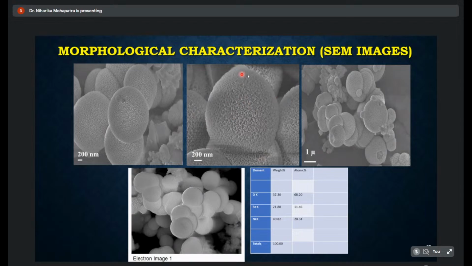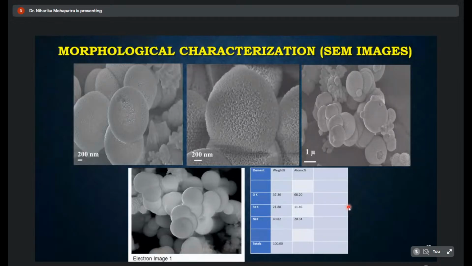These flakes form the outer shell of these spheres. So we assumed that probably iron oxide is at the core and nickel oxide forms the shell of these balls. You can see very nice spherical balls are formed. When we took the EDX analysis, we found both nickel oxide and iron oxide phases.